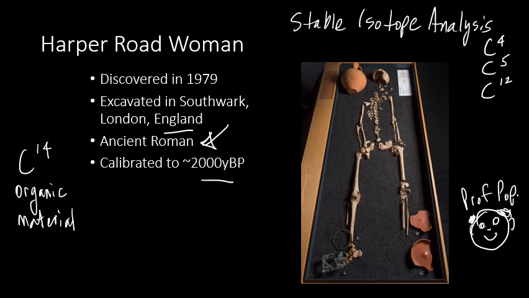Well, what they did is they engaged in the stable isotope analysis, and in doing so, they were able to determine the individual's water source, the water isotopes from where they grew up. And by doing that, they knew that the isotopes that are found in this individual's bones don't indicate that the person came from England. Instead, it's more consistent with isotopes that are found in water in Rome. So we know that this individual came from Rome.